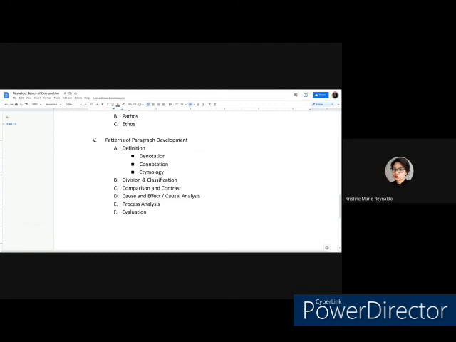Cause and effect, or causal analysis, looks at, as the name says, how something comes to be and what the factors are that led to it. That's the usual question for a causal analysis: what are the factors that led to a particular result? In your own writing, you can focus on the causes of some things.